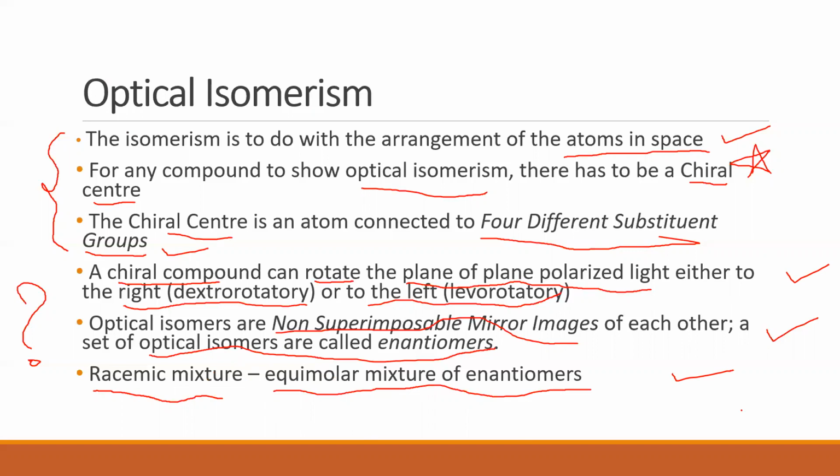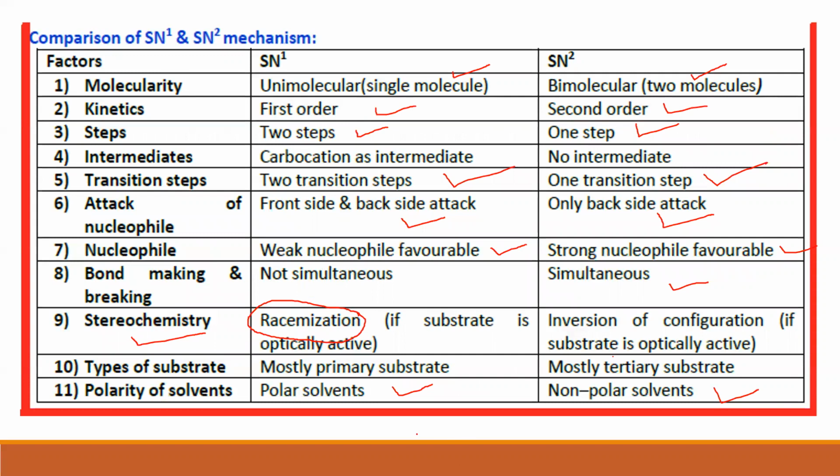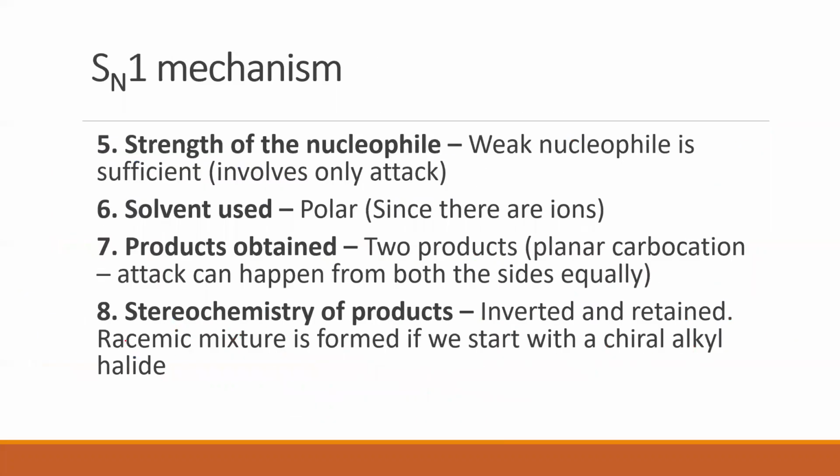Now let's come to what we studied here in SN1. In SN1, when we looked at the stereochemistry of the products, we said both inverted and retained products are obtained. Racemic mixture is formed if we start with a chiral alkyl halide.